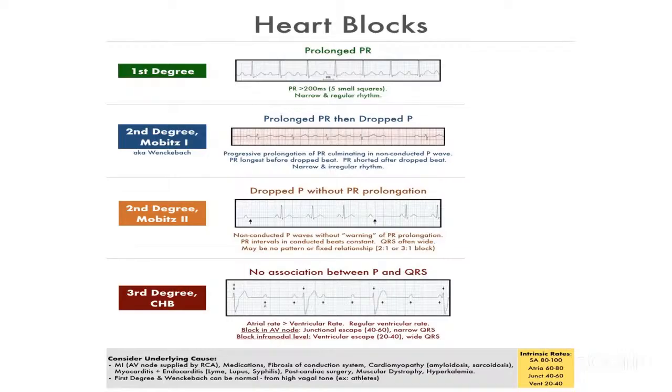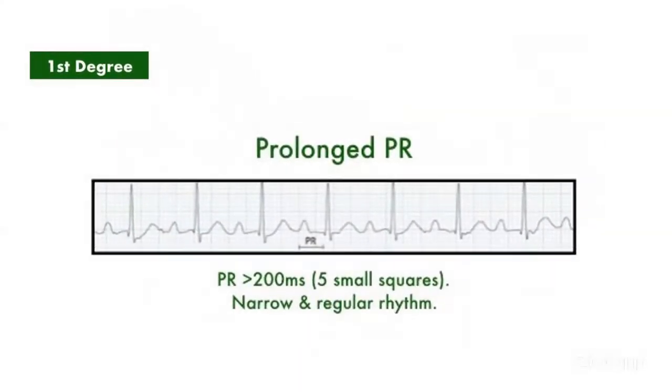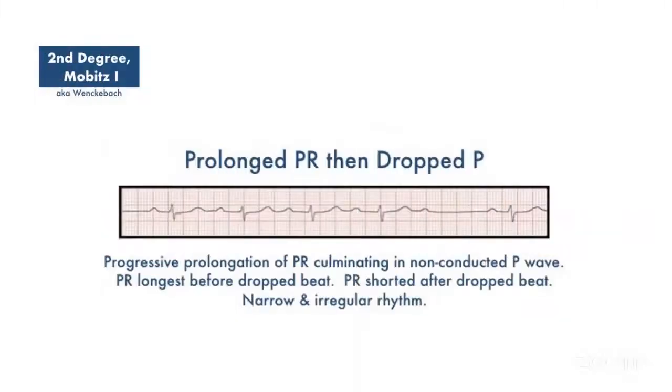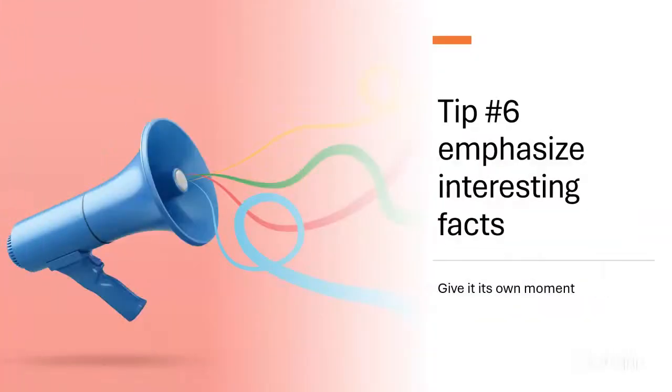Now, if we split it up into 4 separate slides, you'll see that each degree of heart block is much easier to read. The ECG is much clearer, and you feel like each type of heart block is its own thing. It gives it more importance, which is exactly my next tip.